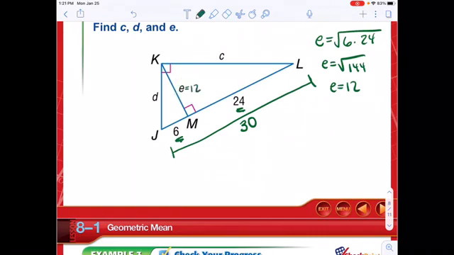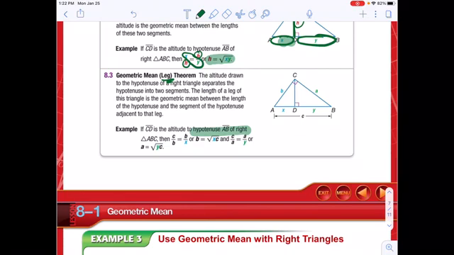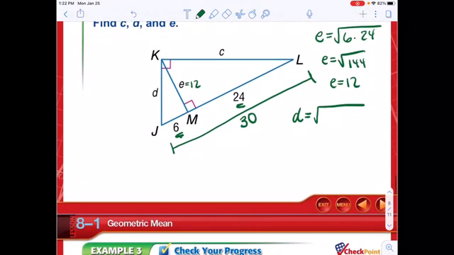Okay? Now you can do the geometric leg theorem. So we have that the leg equals the square root of the small piece of its own triangle times the whole side. 6 times 30 is 180.